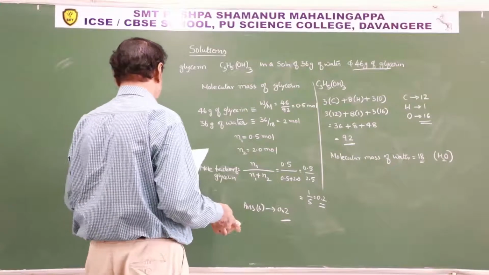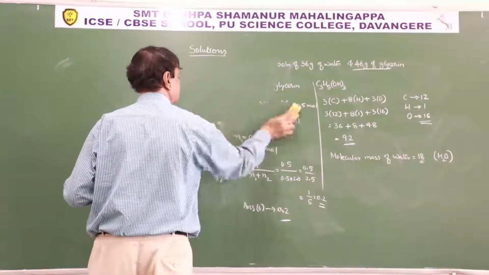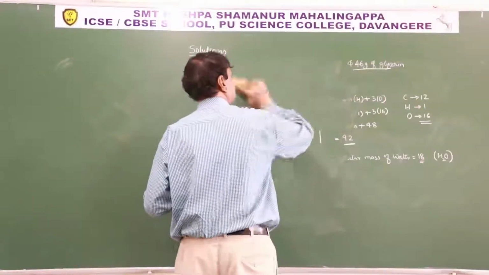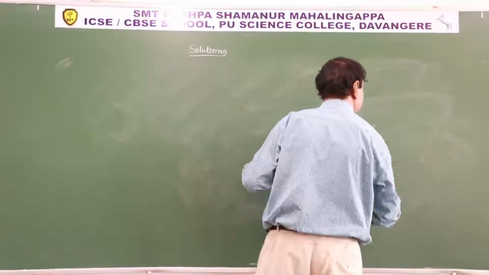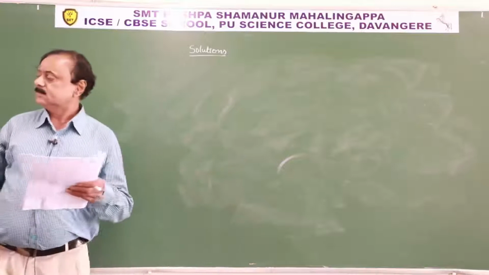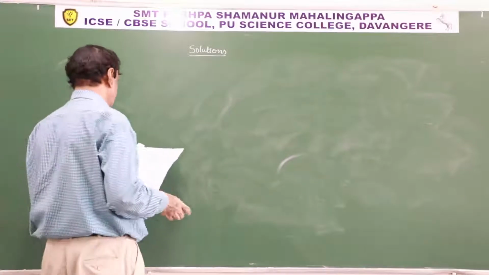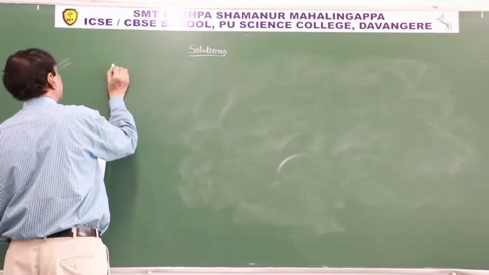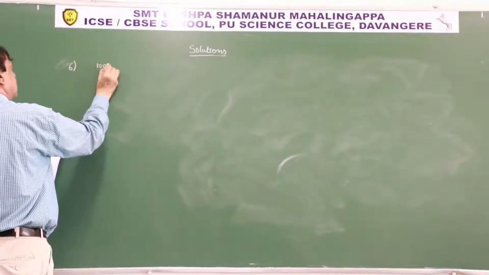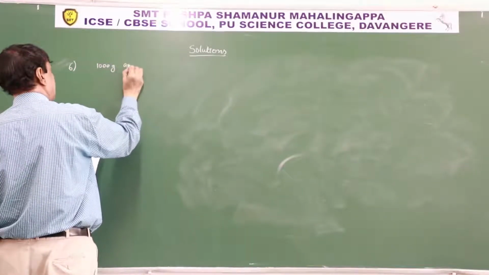Now question number 6. There is a 1000 gram aqueous solution of calcium carbonate.